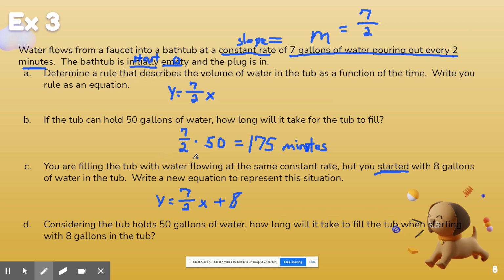So, this is 7.5 gallons, right? We need to get to 50. So one thing that we did up here is, this is actually a mistake, because the y represents the gallons and the x represents minutes. So what we should have done is 50 divided by 7.5.